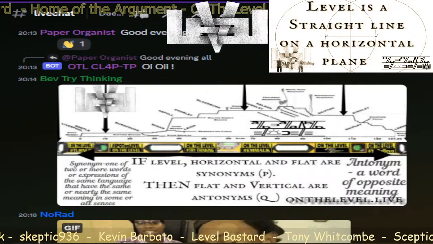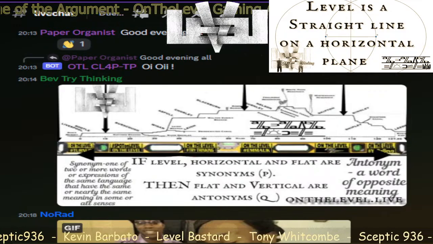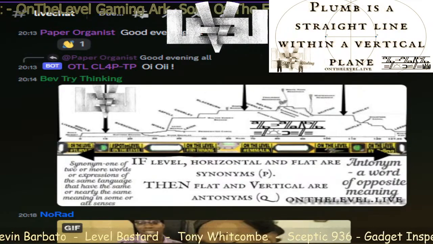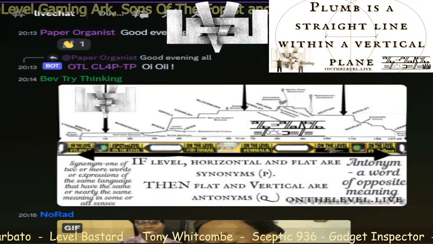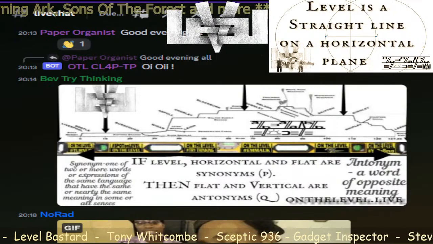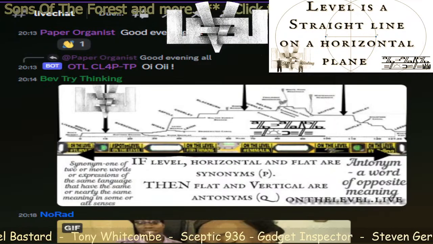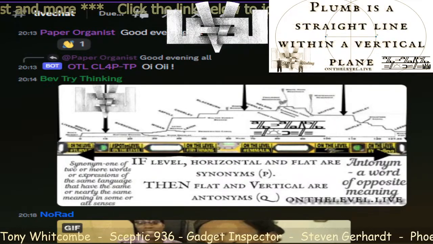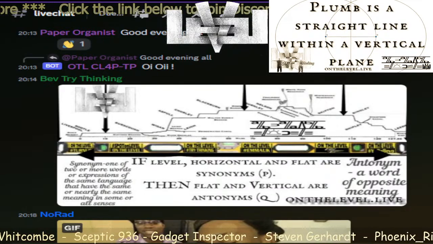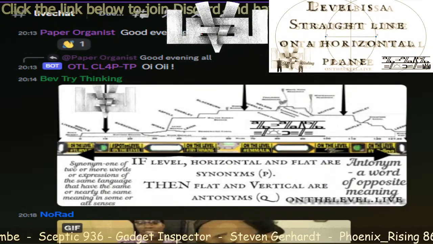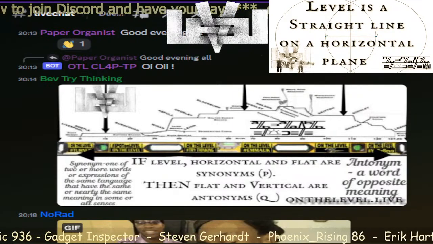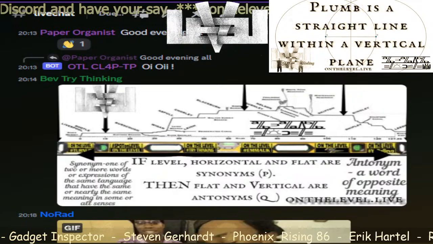It is modus ponens. Well, no, if you say yes, level and horizontal and flat are synonyms, then flat and vertical have to be antonyms. Right? But if you say, well, flat and vertical aren't really antonyms, because you can have a vertical plane, which would be flat, and so that can't be an oxymoron, because it's possible.